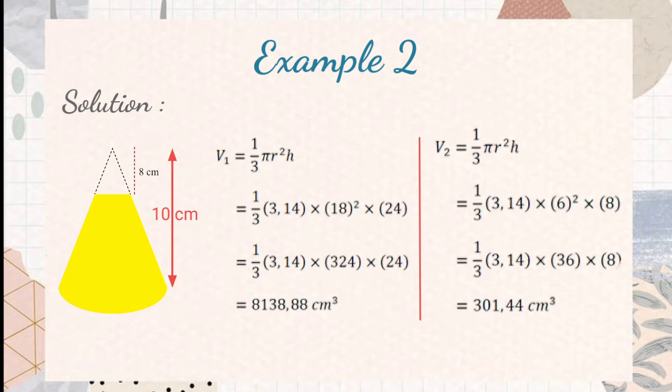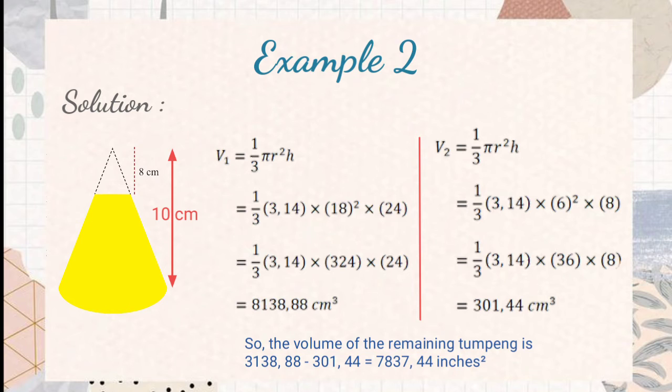We get 1/3 times 3.14 times 6 squared times 8 equals 1/3 times 3.14 times 36 times 8. So, the volume of the small cone is 301.44 centimeters cubed.